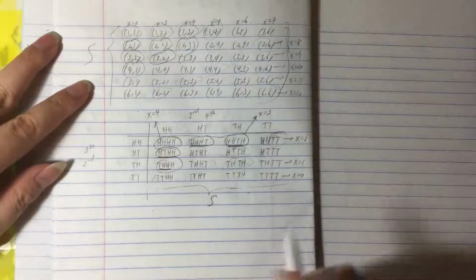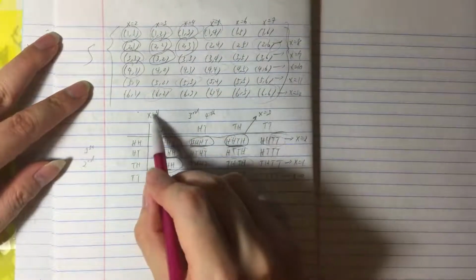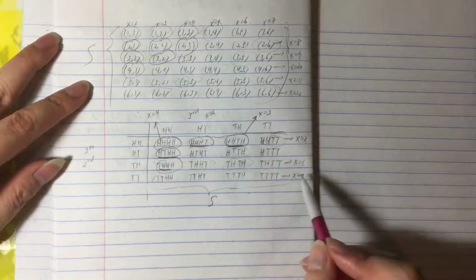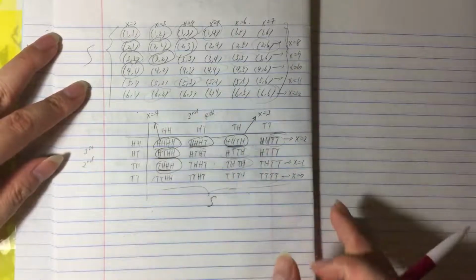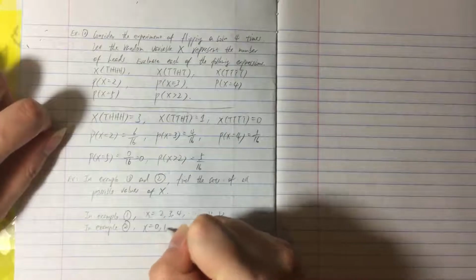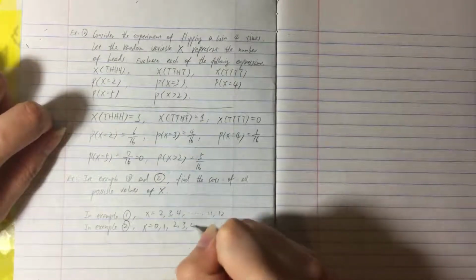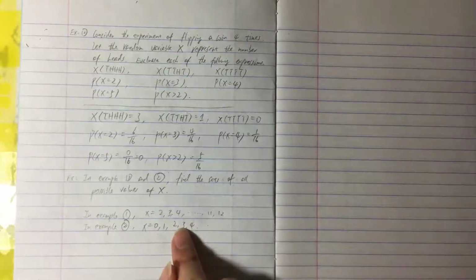We may have 0 heads, 1 head, 2 heads, 3 heads, at most 4 heads. We won't have more than 4 heads. So in example 2, X could be 0, 1, 2, 3, 4.